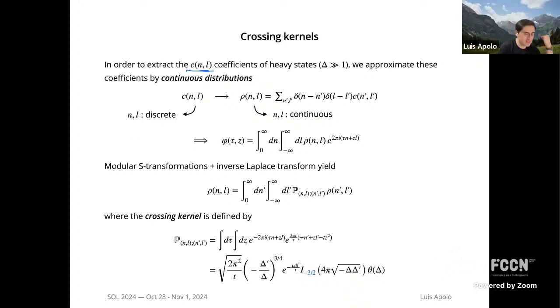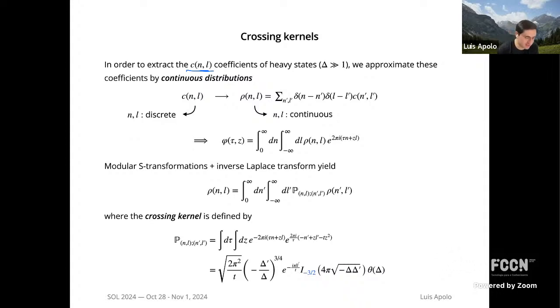In this case, the Fourier expansion of the weak Jacobi form that I showed you before is given by an integral of this form. And I can exploit the modular symmetry that I have, and then do an inverse Laplace transform to write the density of states in this way, where this function P is what's called the crossing kernel.